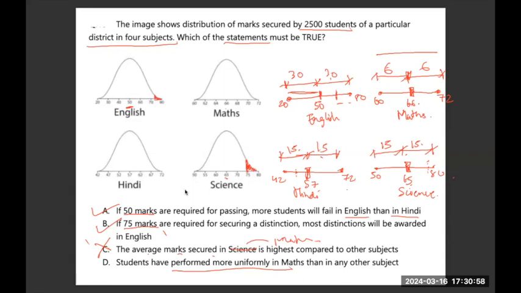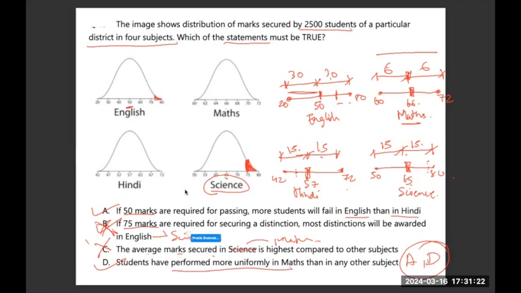But when I re-looked at the graph of the 75 marks shaded portion, science is the one where most distinctions will be awarded instead of English. So option B will be wrong. The correct options in this case are A and D. I'm sorry for this, because I was relying on this abstract diagram for these kinds of answers.